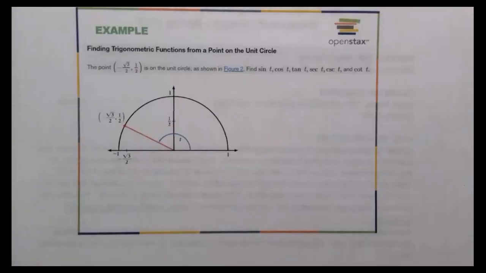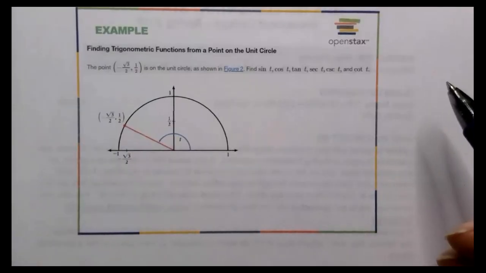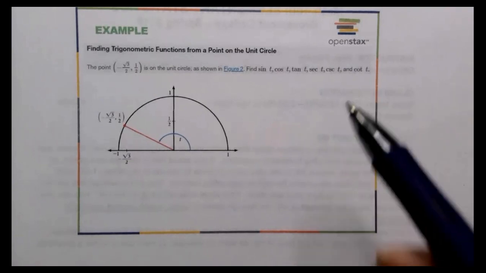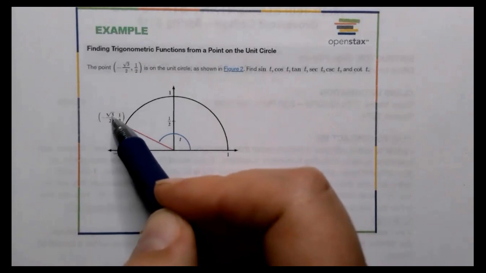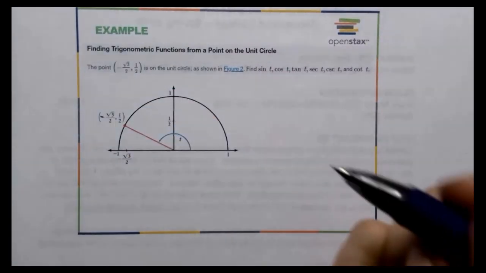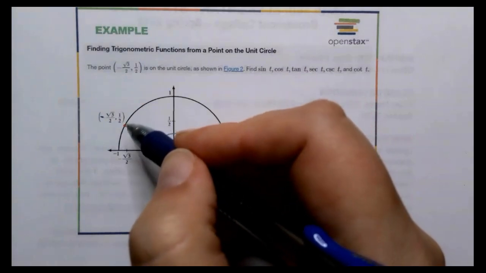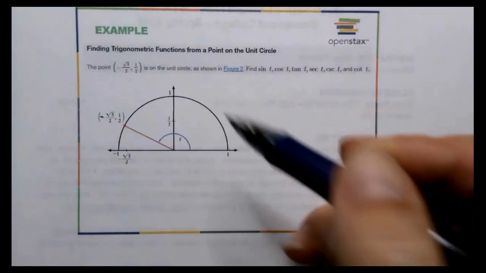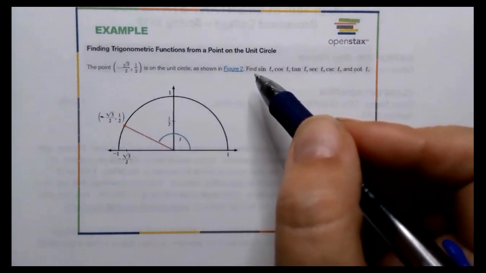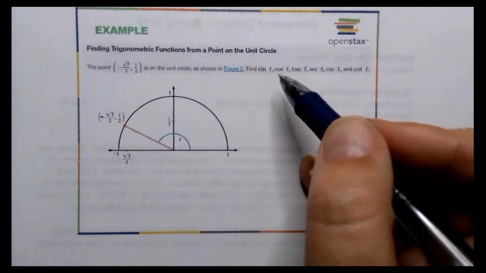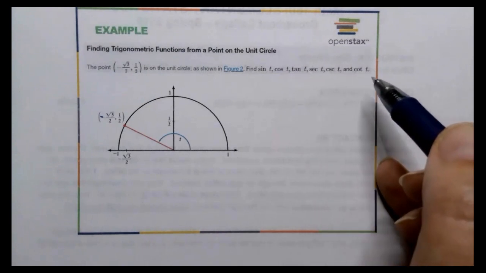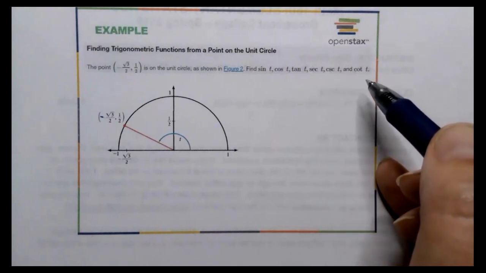And of course, as usual, let's apply what we just learned. This example says we're given a point, negative square root of 3 over 2, and 1/2. Those are our coordinates, and they're on the unit circle, and they want us to find sine t, cosine t, tangent t, secant t, cosecant t, and cotangent t.